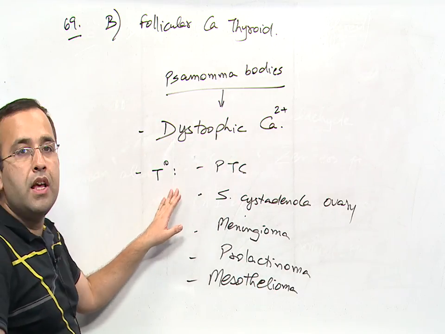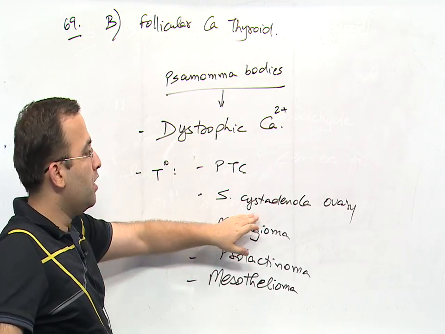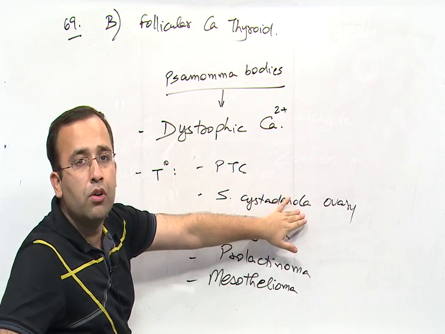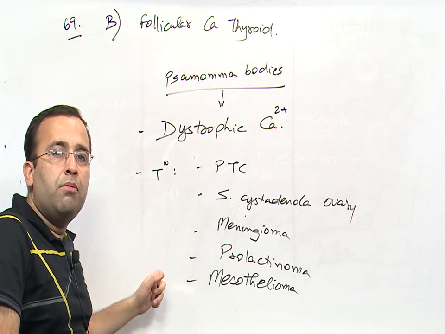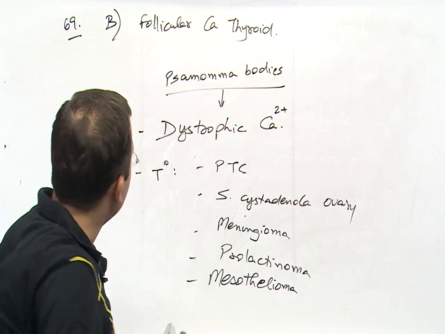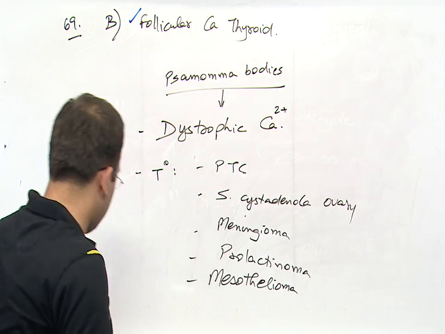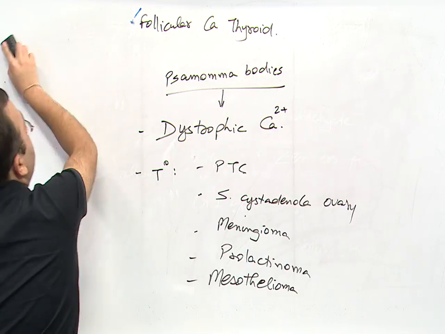So tumors associated with seminoma bodies: papillary carcinoma thyroid, serous cystadenocarcinoma ovary, meningioma, prolactinoma, and mesothelioma. So the answer to the question is follicular carcinoma thyroid. This is not associated with seminoma bodies.